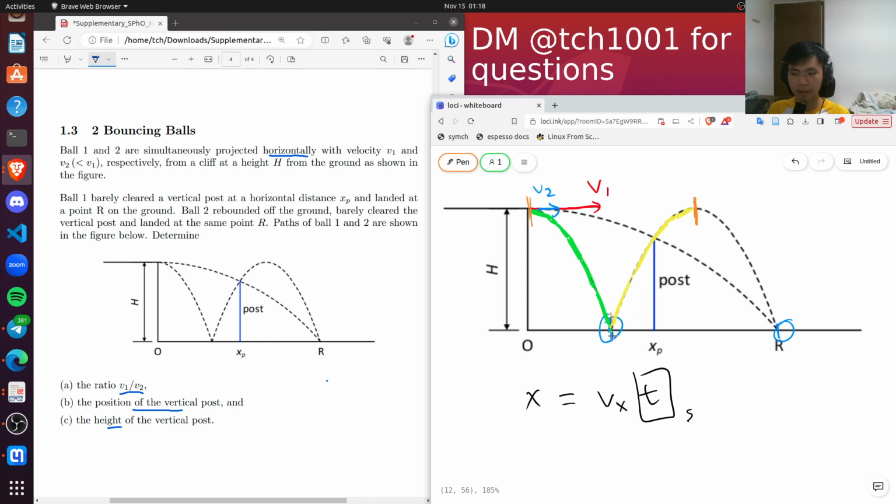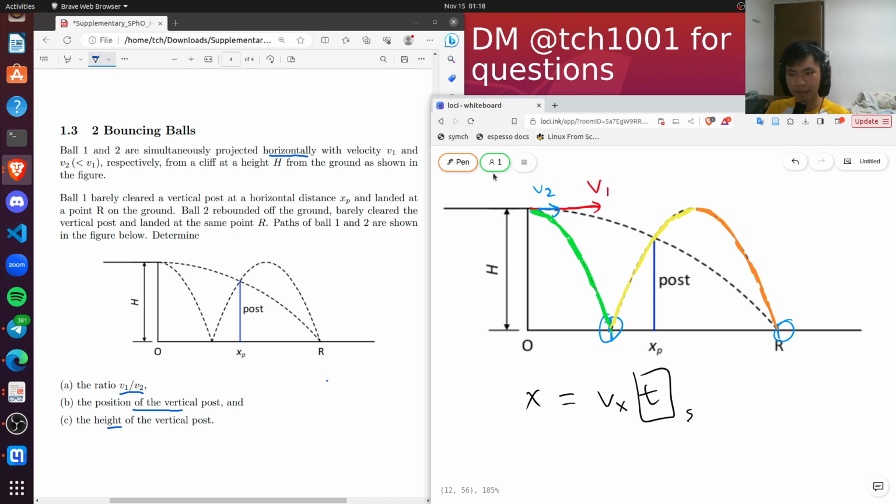So the horizontal displacement of the green path must be equal to that of the yellow path. Lastly, the horizontal displacement of the yellow path must equal that of the orange path, because it's a parabola and the parabola is symmetric.